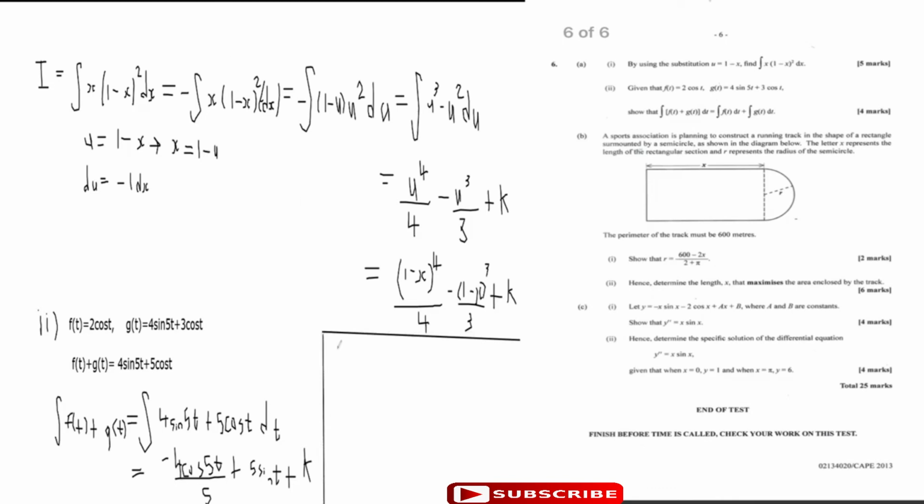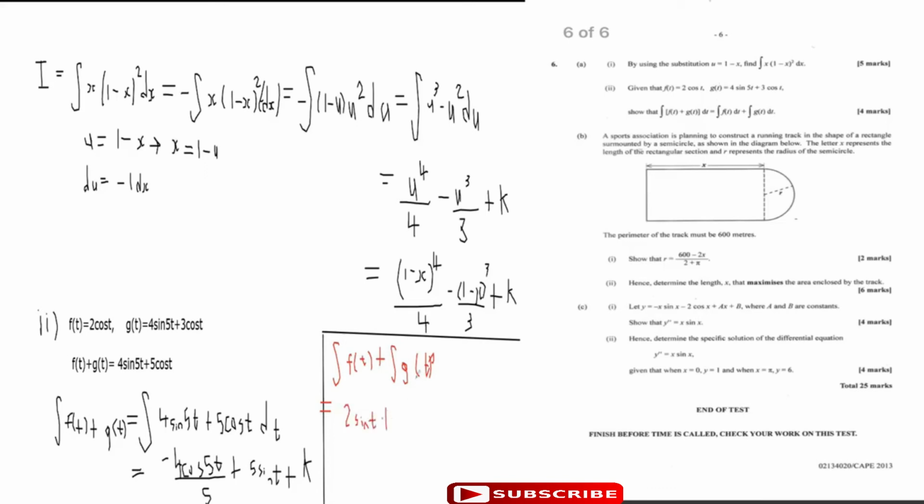Now, the integral of f of t plus the integral of g of t, that's going to be equal to, now the integral of f of t, when you integrate 2 cos t, what are you going to get? When you integrate 2 cos t, you get 2 sine t.